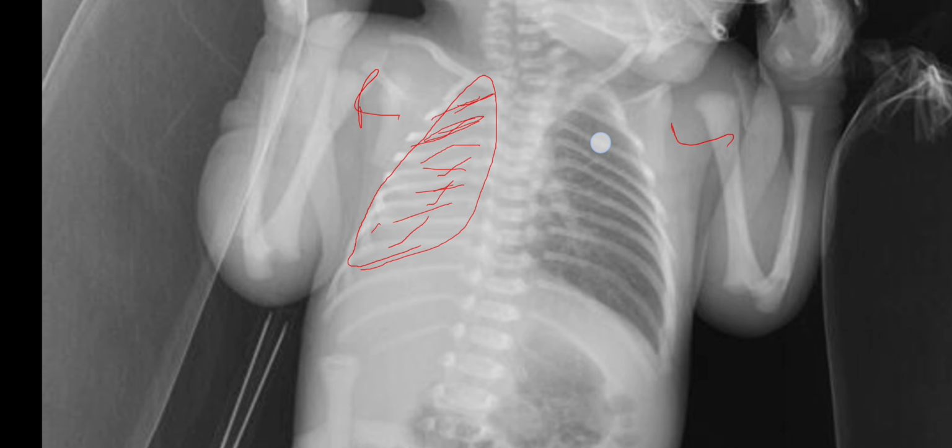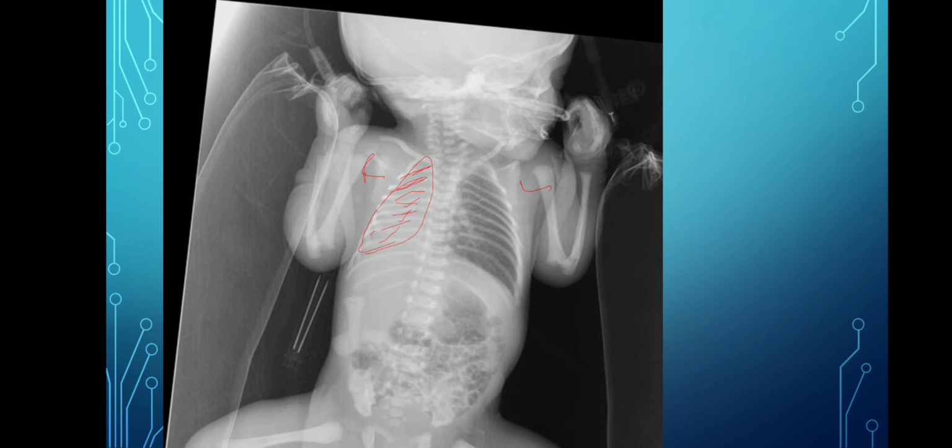So the diagnosis is absence of lung on the right side, and there is hyperinflation of the chest because the diaphragm is flat and the gaps between the ribs are increased. There are 1, 2, 3, 4, 5, 6, 7, 8, 9 ribs crossing the dome of the diaphragm. So this is hyperinflation of the left side, a compensatory hyperinflation of the left lung.